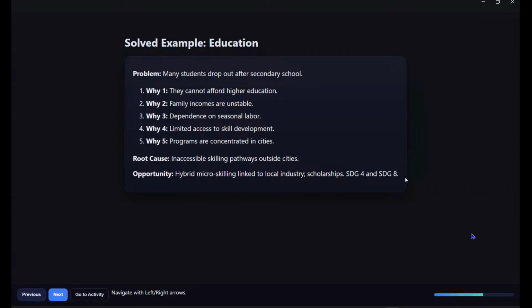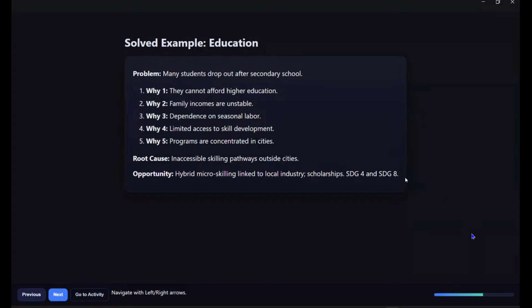Let us see one more example, education. Many students drop out after secondary school. Why? They cannot afford higher education. Why? Because family incomes are unstable. Why? Dependence on seasonal labor. Why? Limited access to skill development. Why?